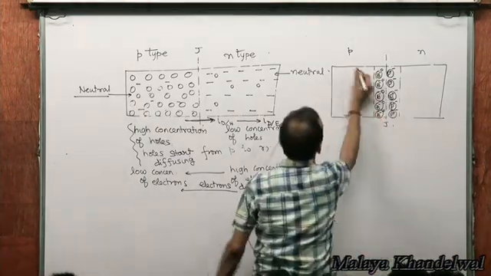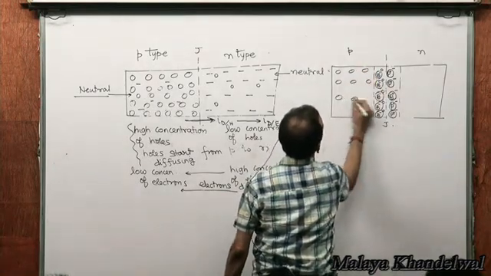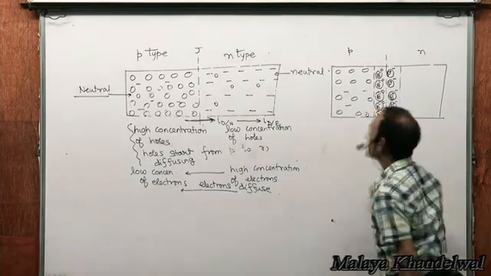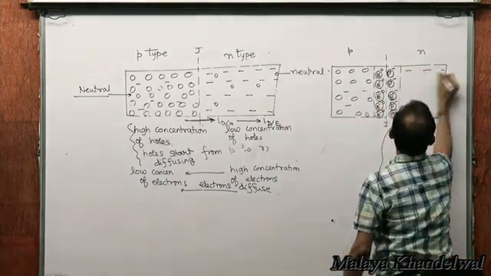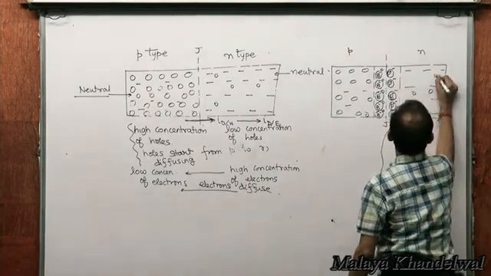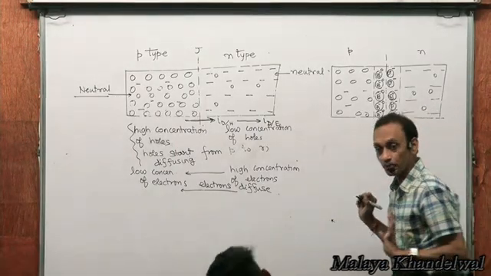And then, of course, in this region, a large number of holes, and there were traces of electrons. In this region, a large number of electrons, and there were traces of holes. Yes or no? This was my n-type.